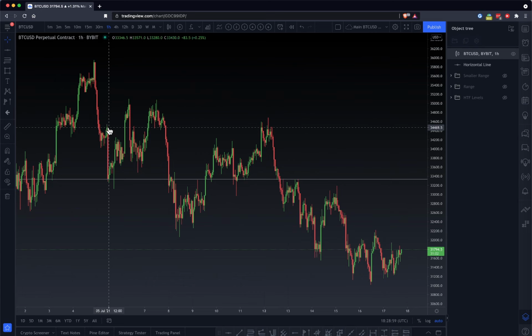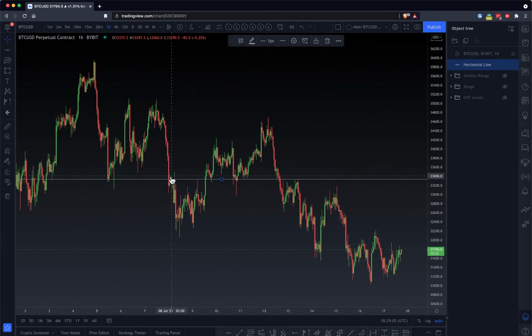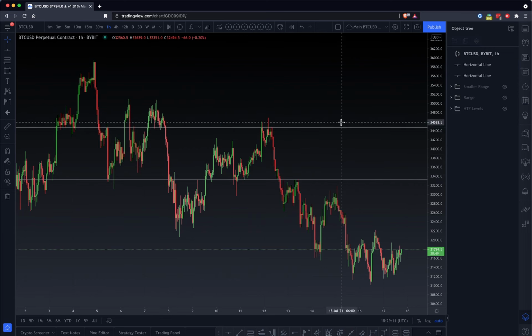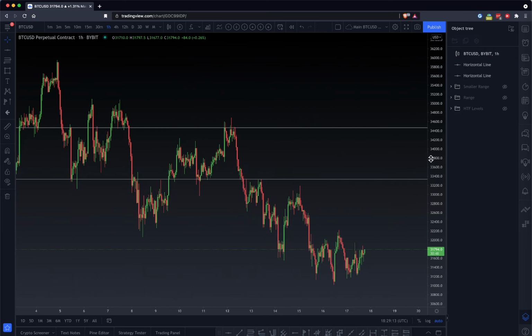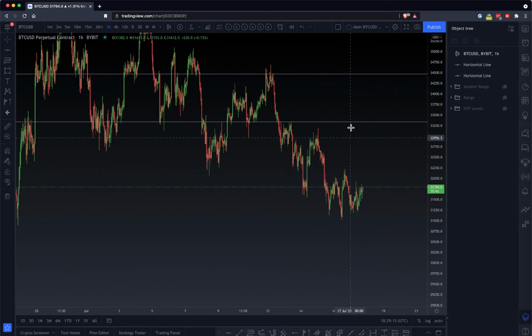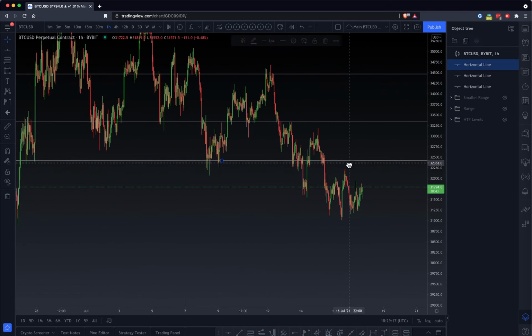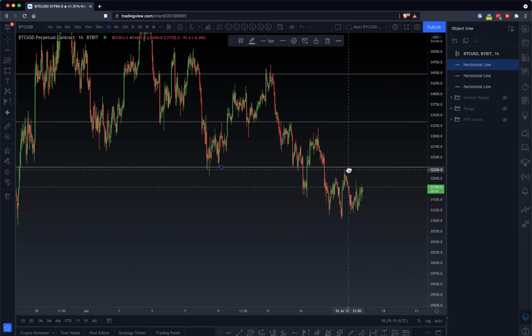This one you can say that, but yeah, you can say this one is also something to look for, potential resistance or support.